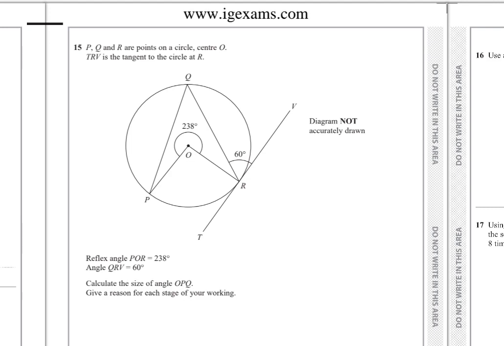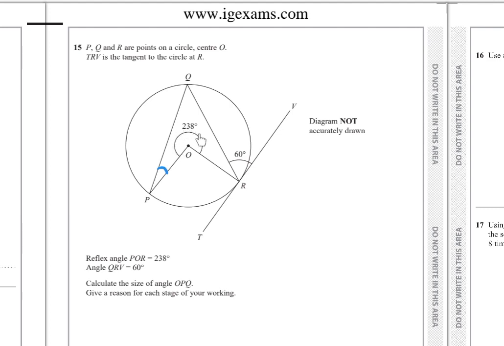So we need to find this angle. For this quadrilateral, the sum of the interior angles is 360. We have only one angle. So if we can find this angle and that one, we can deduce the fourth one.